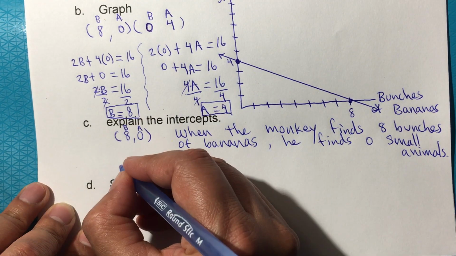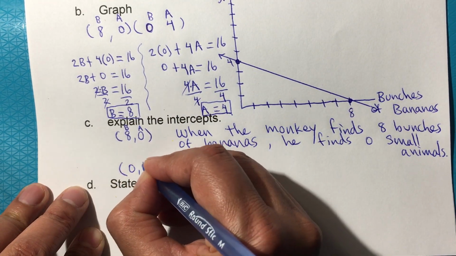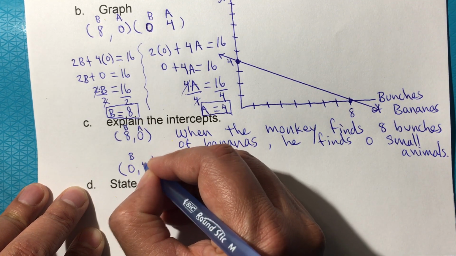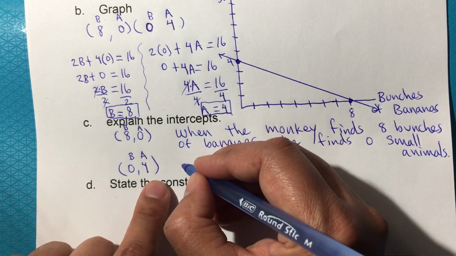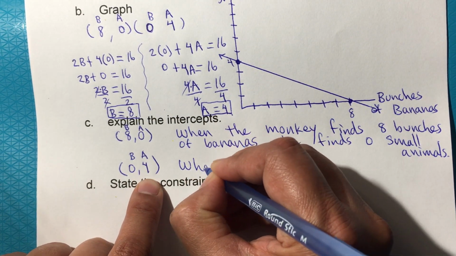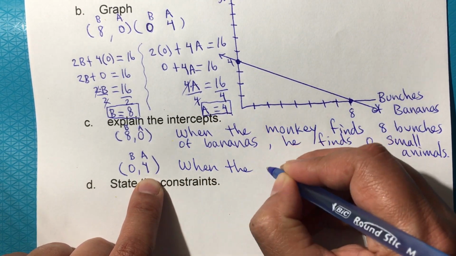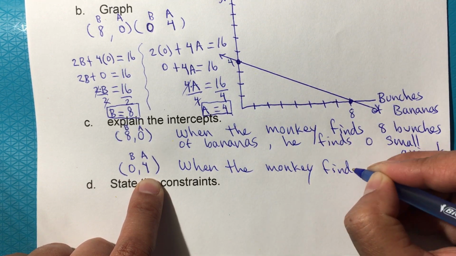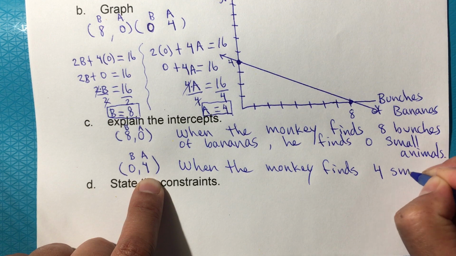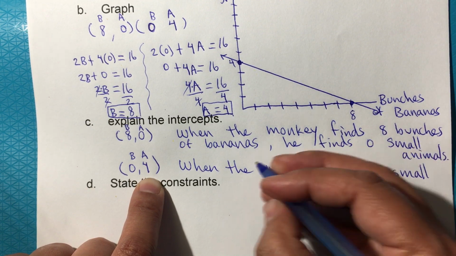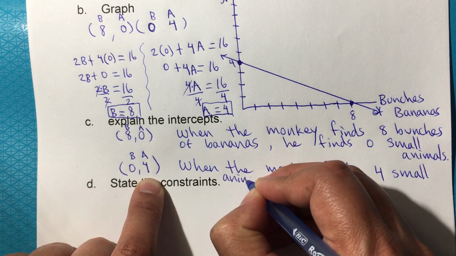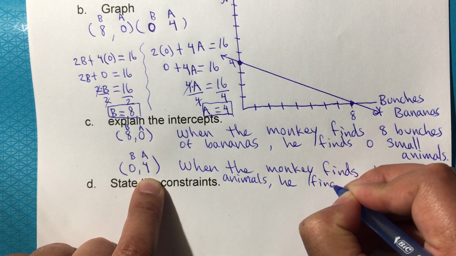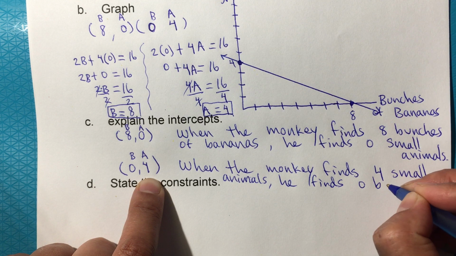And for the other intercept, 0, 4, which is the y-intercept, when the monkey finds 4 small animals, he finds 0 bunches of bananas.